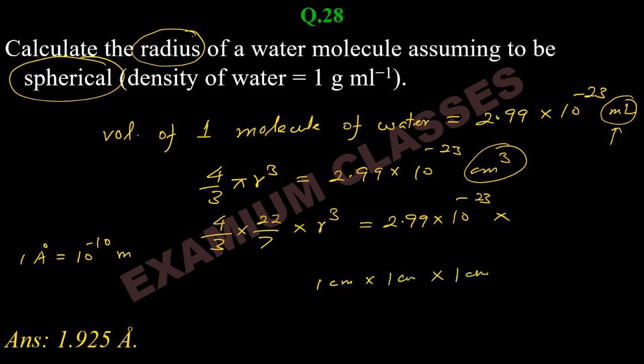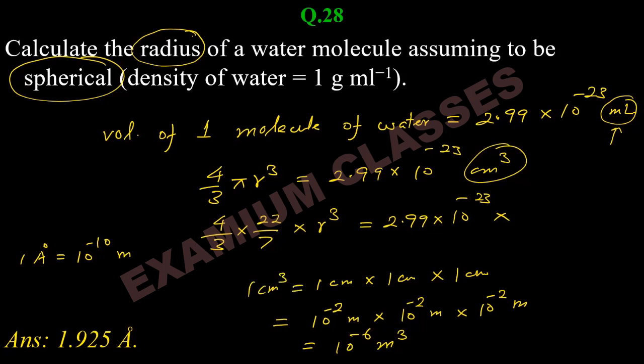If you convert it into meter cube, it will be 10 to the power minus 2 meter into 10 to the power minus 2 meter into 10 to the power minus 2 meter. That is 10 to the power minus 6 meter cube.